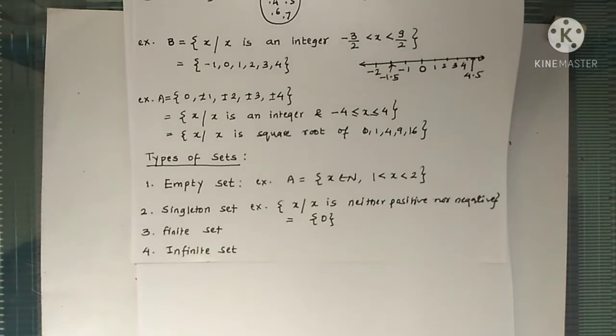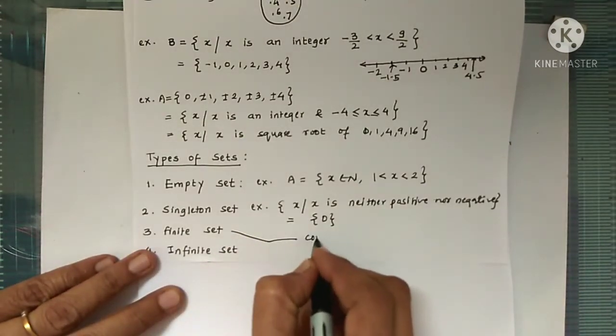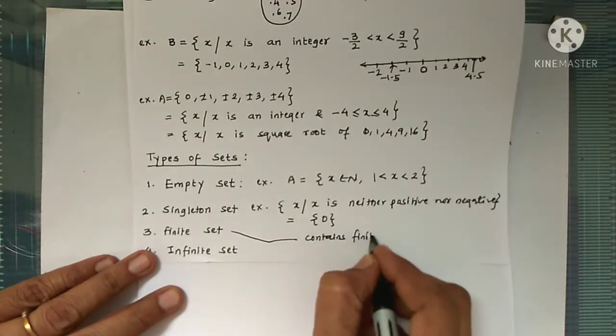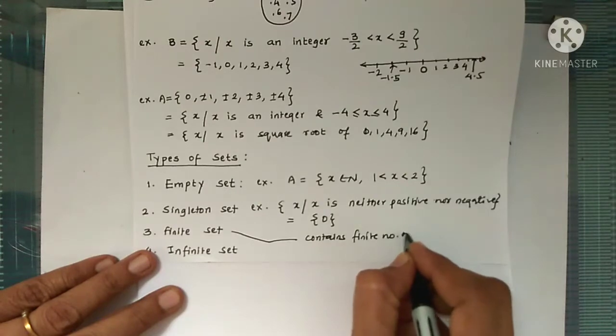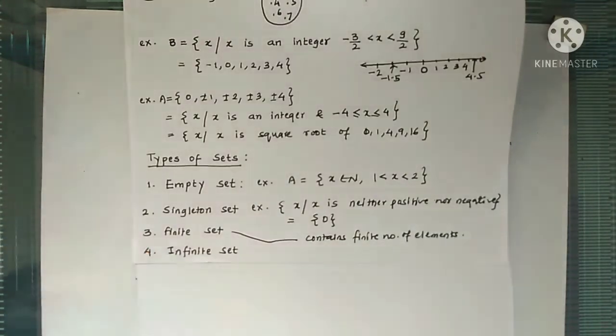The next one is the finite set. A finite set contains a finite number of elements. For example, the set of students in a college. If you go on counting, it will end after some time, so it is a finite set.